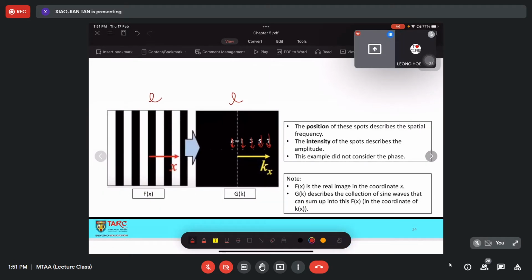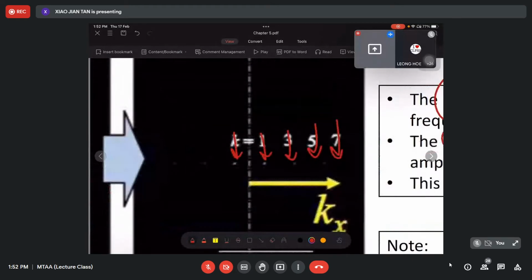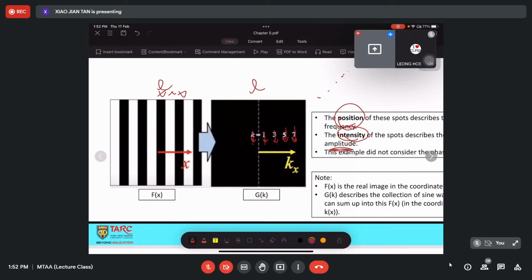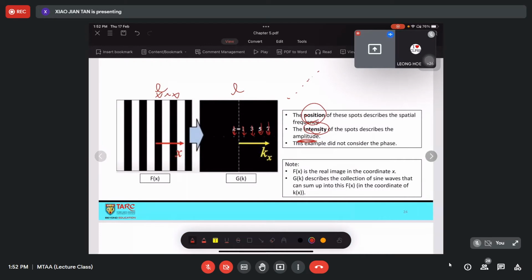And this example did not consider the phase, which means I did not include the phase, which you should, rotating something like this, 30 degrees or 60 degrees. Okay, so the position refers to the spatial frequency, which is the black and white strip, and the intensity refers to how bright or how dark the white dot is, which is the amplitude.